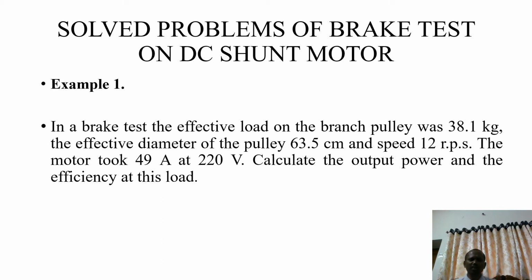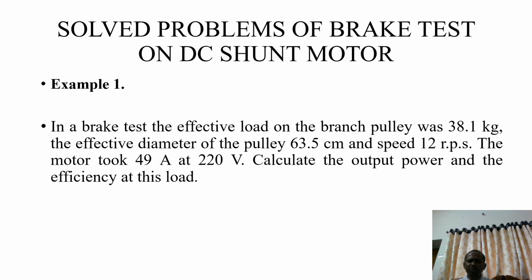This is your problem. All of you listen. When we are conducting the brake test on a DC shunt motor, the load applied on the pulley was 38.1 kg and the diameter of this pulley is 63.5 centimeters.